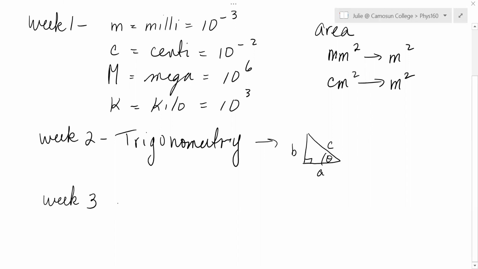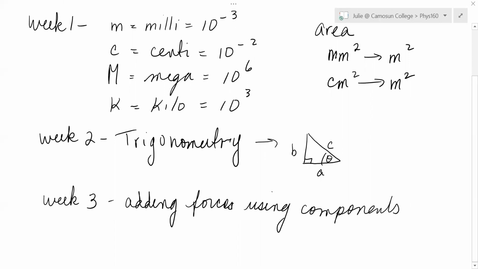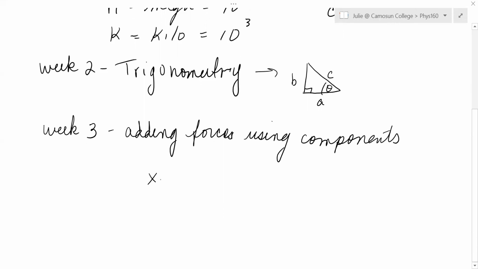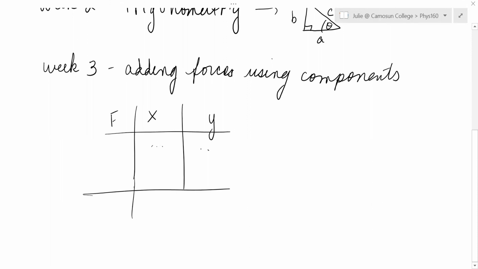Week three, this was adding forces using components. And so this was a direct application of those triangles from the previous week. And this was when you had to make that table, remember? You had the X, the Y, and then you listed your forces, and you had whatever the components were. And then in the end, so these were the forces, and then you had the net force.